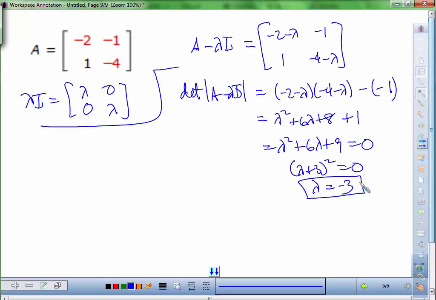And so it might be good to note that this has multiplicity 2. This negative 3 solution has multiplicity 2. Okay? All right. So finding the eigenvalue is okay now, yeah? That's the easy part. Now we want to find the eigenvector. And so I want to bring back that equation.